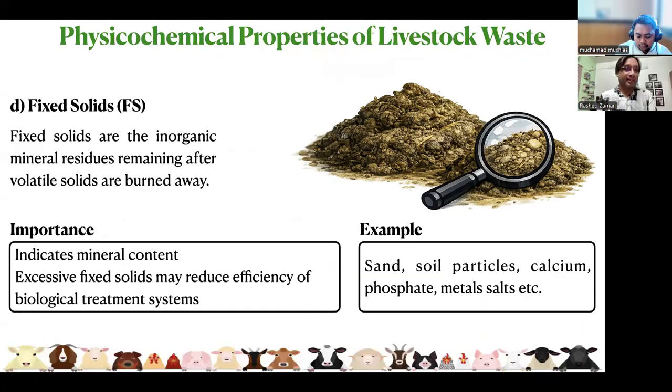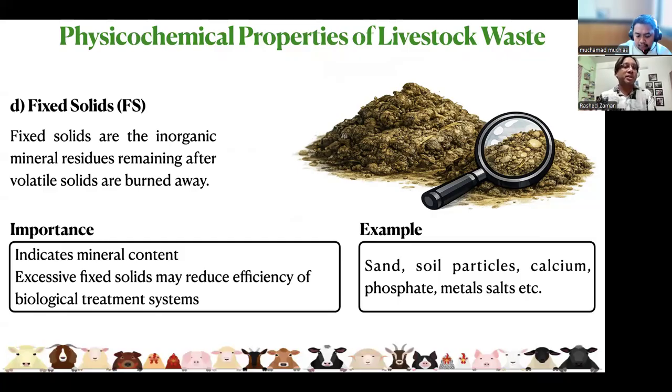Excessive fixed solids may reduce efficiency of biological treatment system, because if higher or excess fixed solids are present in the livestock waste, then other organic material will be decreased, and that ultimately affects the biological treatment.